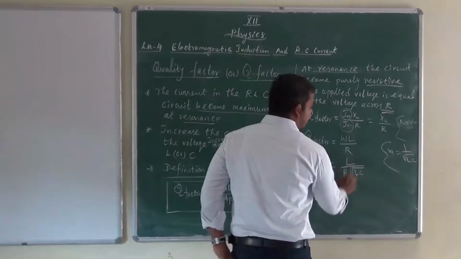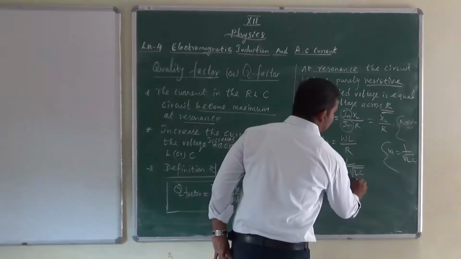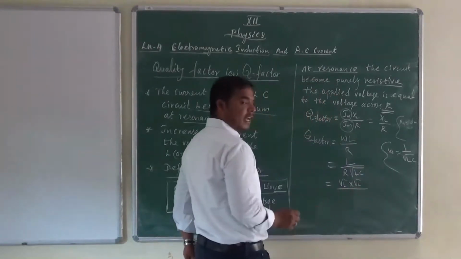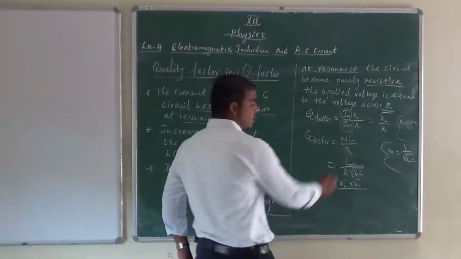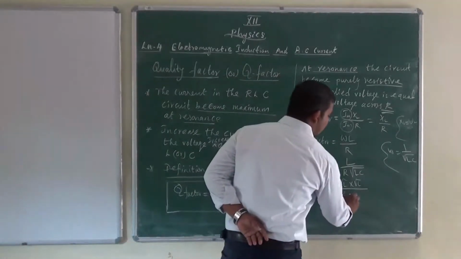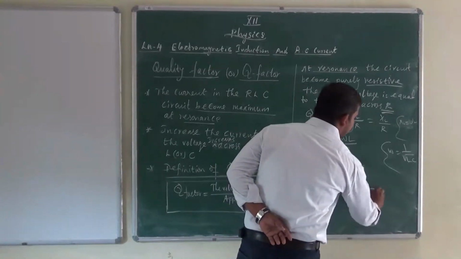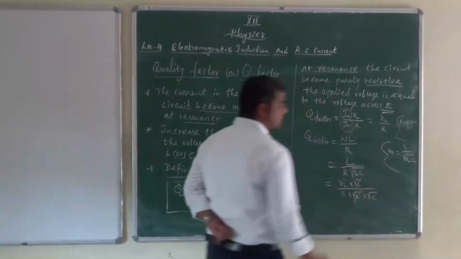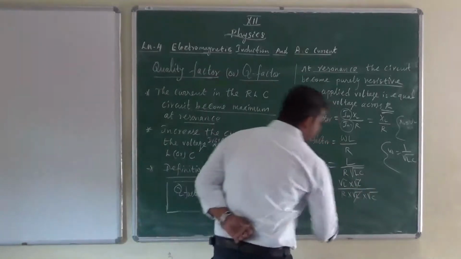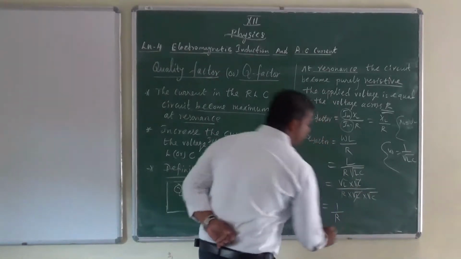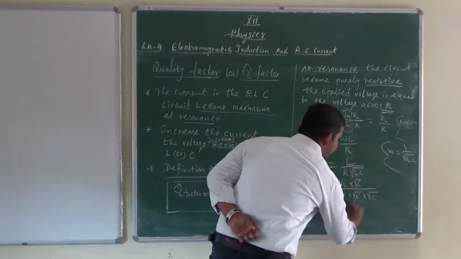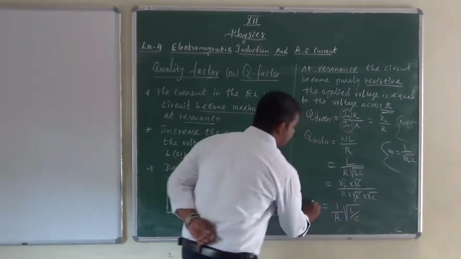Here I will write L into 1 by root of L into C. If you multiply, we get the numerator, and the denominator is R into root of L into root of C, because it is easy to cancel. So for the rest of the terms, I will write it like this: 1 by R root of L by C, isn't it?